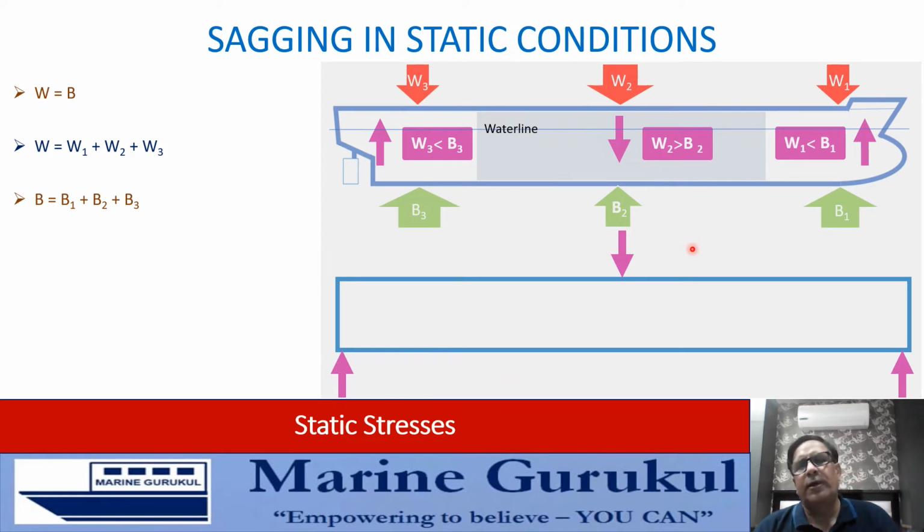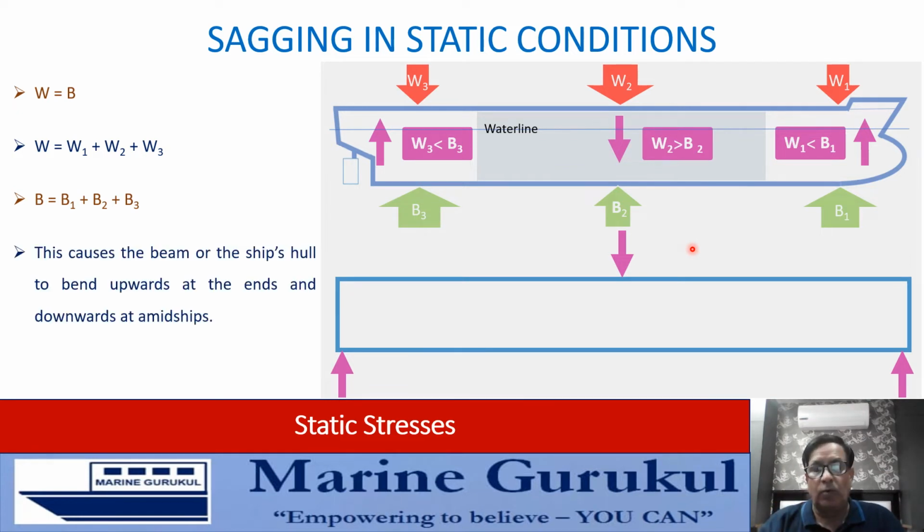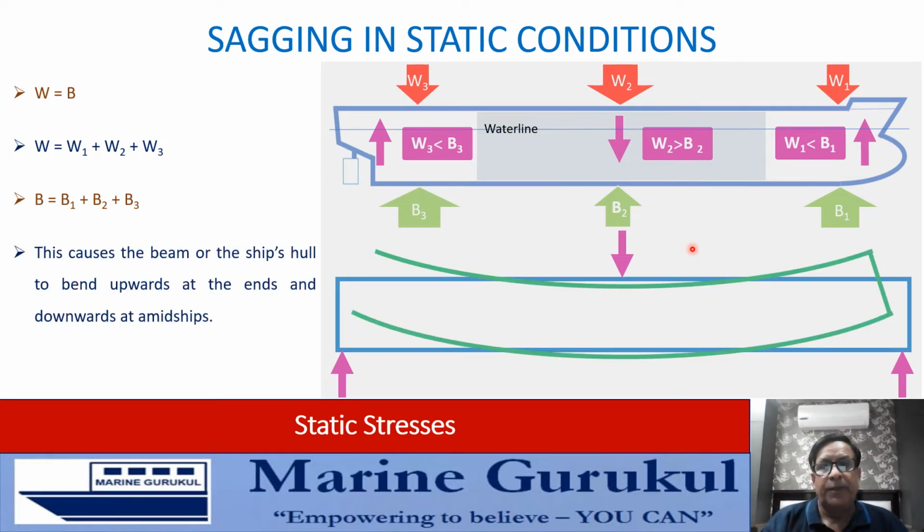If you see this lower diagram, I'm sure you'll agree this will result in the beam bending in such a way that the ends move upwards and the midship part or the middle part moves downwards, and the beam is said to be sagged, or the vessel is said to be sagged. If you can see in this green deformed condition of the beam or the vessel, this is what is called sagging.